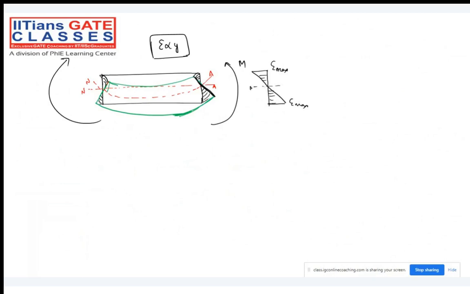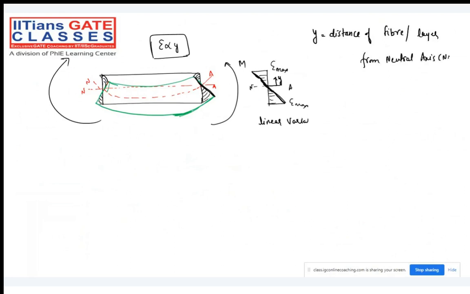And it varies linearly, as you can see in the graph drawn with a linear line. y is the distance of the fiber or layer from the neutral axis. Linear variation of longitudinal strain. Make a note of it.